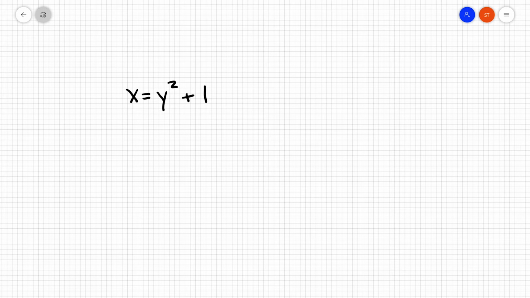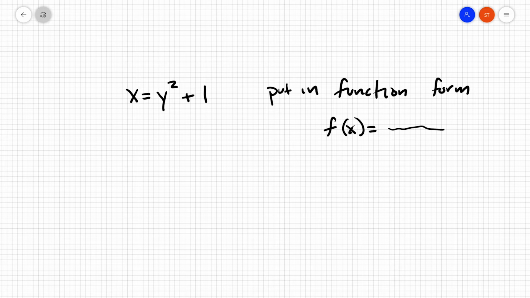So what we need to do is work on getting it into function form and see what happens. Function form, we're going to talk a little bit more about function notation as we go along, but this is like f of x equals whatever.